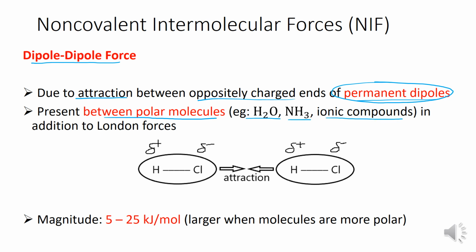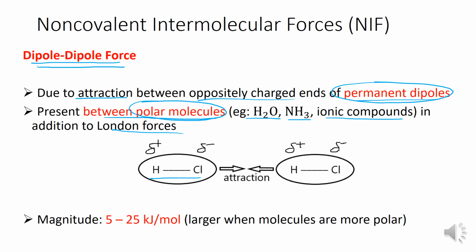So, given polar molecules, we should know that the non-covalent intermolecular forces are dipole-dipole force and London forces, because remember in the previous slide, we said that London force is present in all molecular substances. For example, we have hydrochloric acid, or hydrogen chloride.